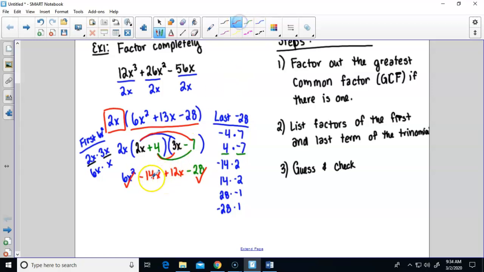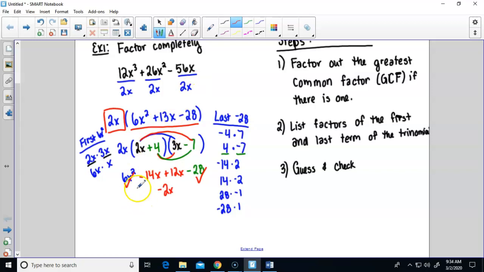So if I combine negative 14x and positive 12x, that gives me negative 2x. Is that what I'm supposed to get right here in the middle of this trinomial? No, I was supposed to get 13, right? If I multiply these two back, it should give me what's here, which means I should have 13 in the middle.